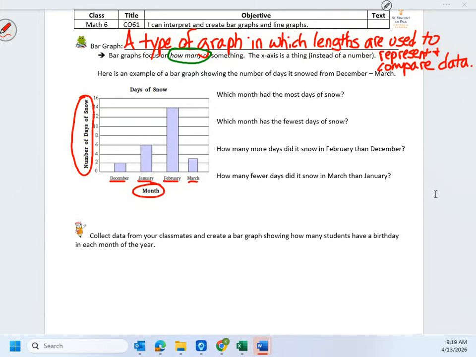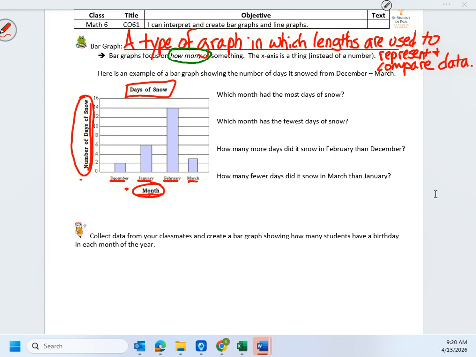So when you're making that bar graph, I know there's another one due on tomorrow's packet, make sure you have your labels. We have our title, days of snow. We know that we have months on the x-axis, and we label it months. We have numbers on that y-axis, and we label it number of days of snow.